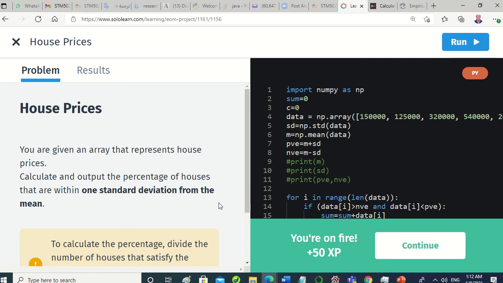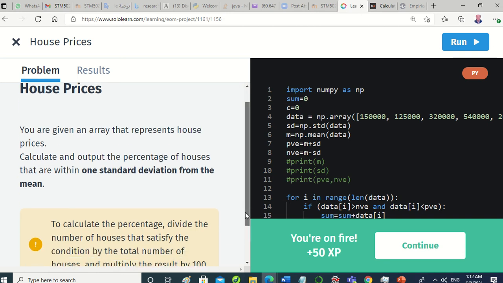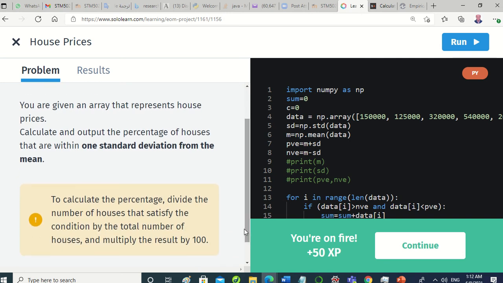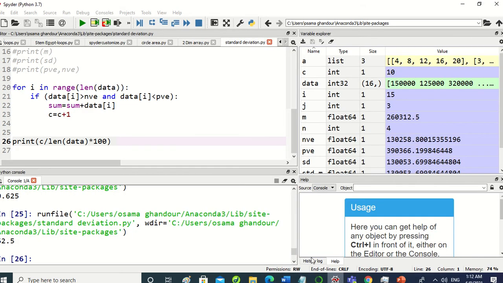And it gives us a note here: to calculate the percentage, divide the number of houses that satisfy the condition by the total number of houses and multiply the result by 100. And I solved it in Spyder, and this is the solution.